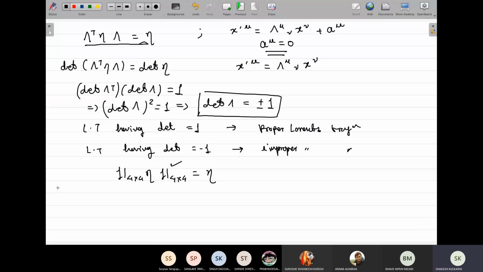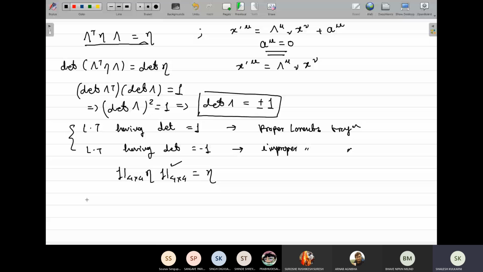Now, if I start from the identity transformation and keep on giving boosts, which kind of Lorentz transformations am I going to get? You understand the question? I have an identity transformation, that means v equal to 0. Think only in terms of boosts, although Lorentz transformations contain much more than boosts.